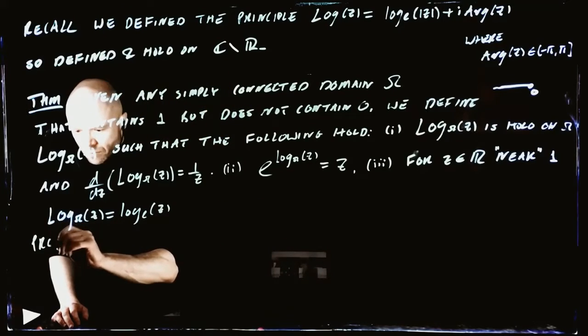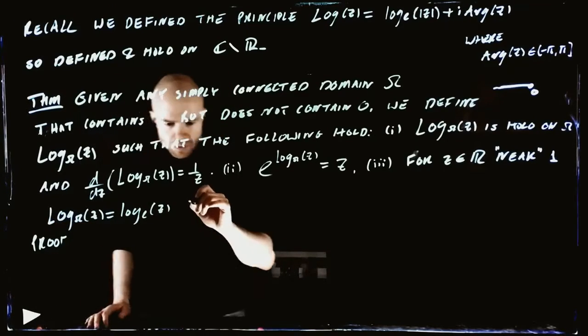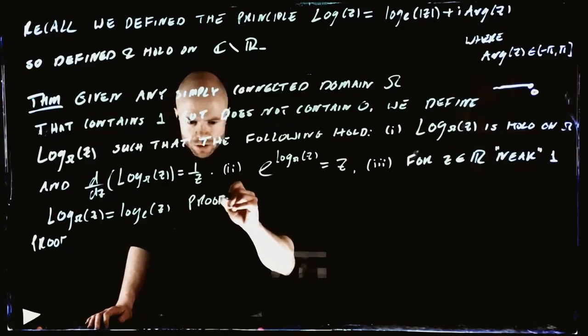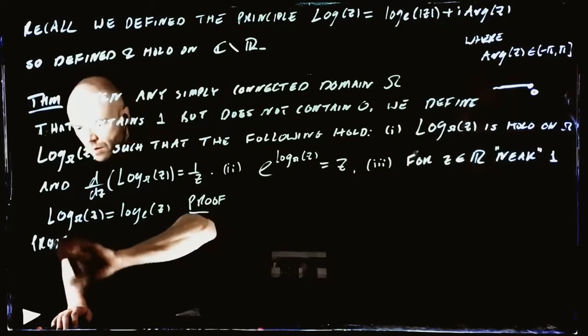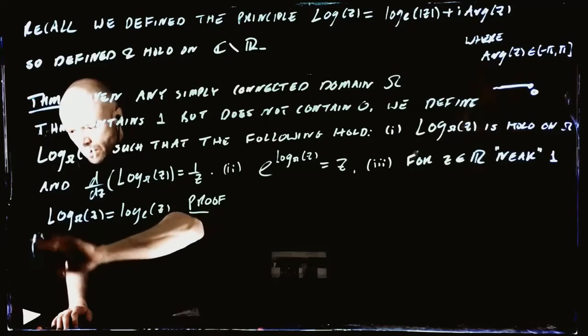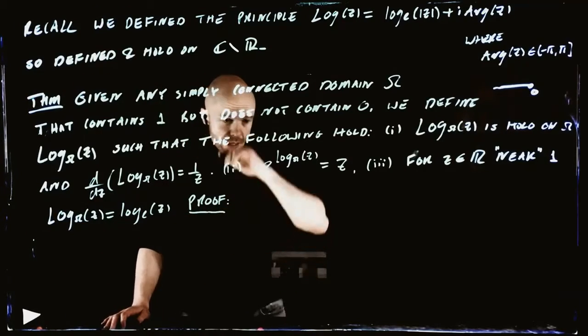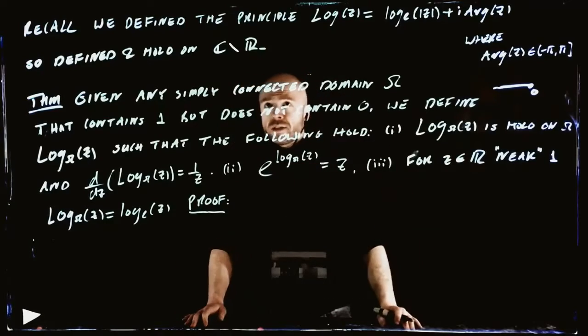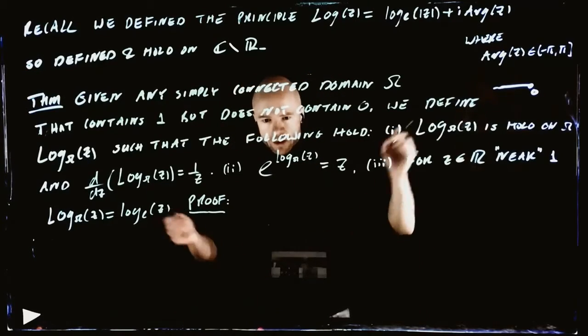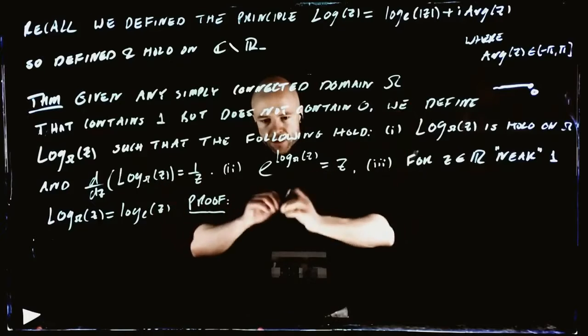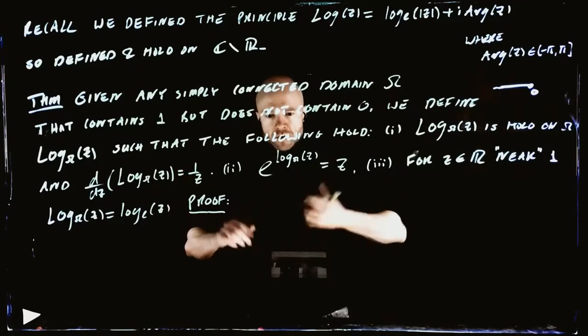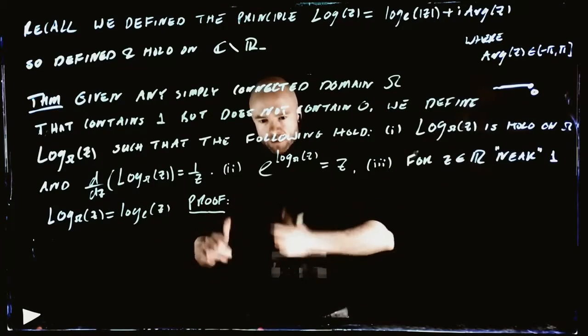Proof. All right, so what is the big deal about having a simply connected domain? It's that we can have any two paths with the same endpoints being homotopic and therefore have the same integral.